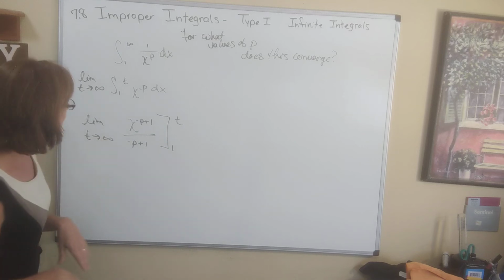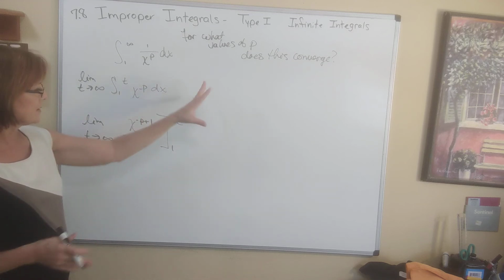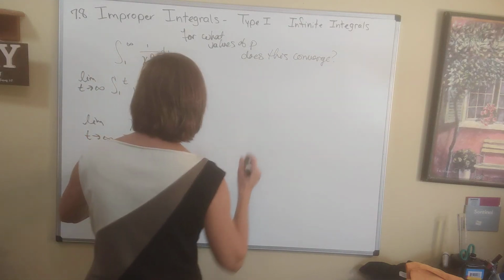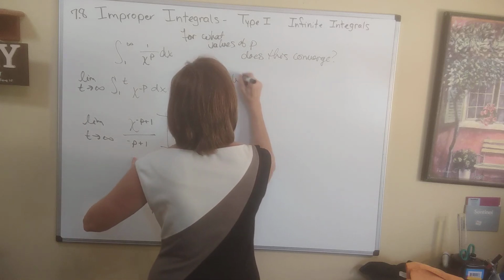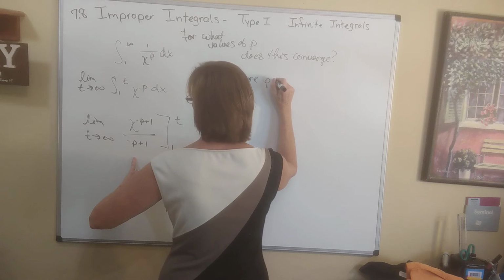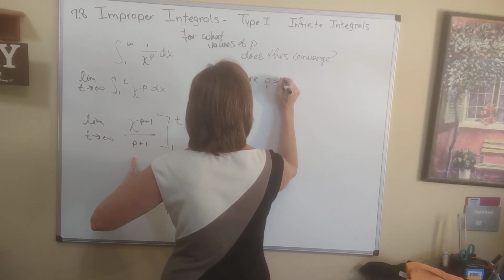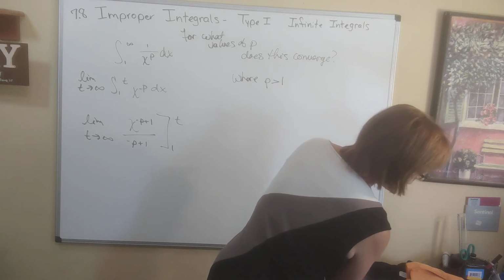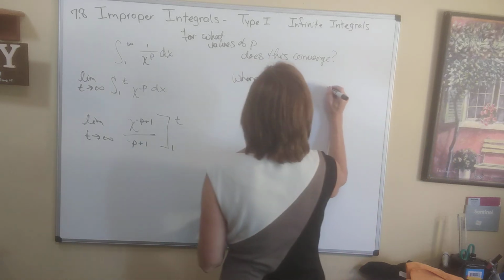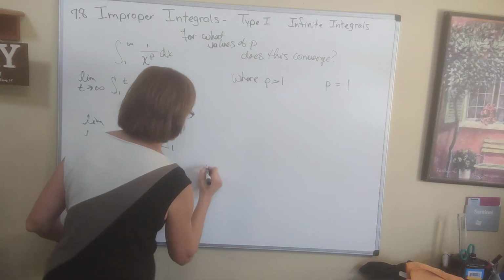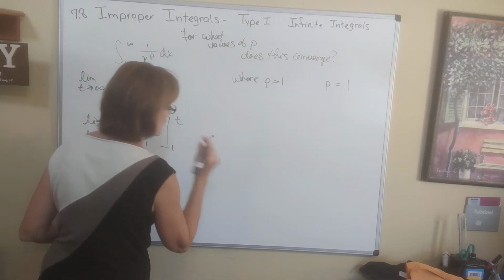Now you can break this up into separate little cases. The first case is where p is greater than 1. The other cases are if p is equal to 1, or if p is less than 1.